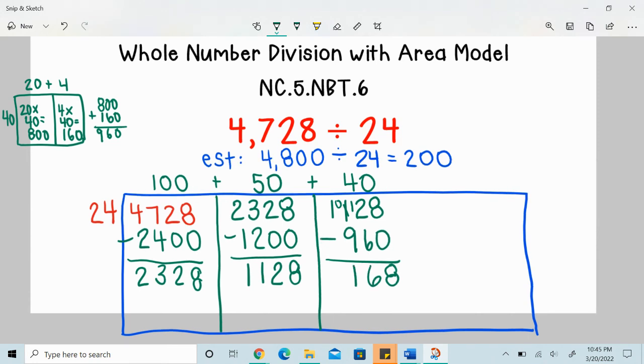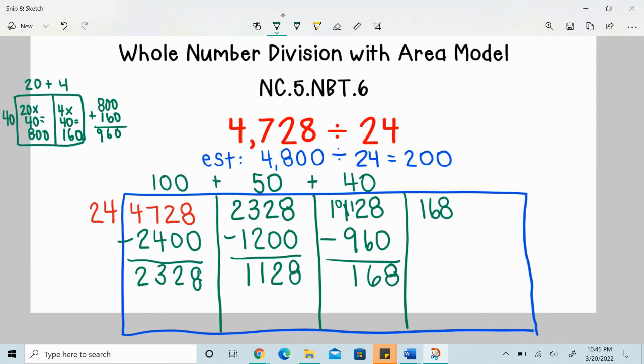And now I see that I'm left with 168 still. And since that is larger than 24, I will keep dividing. So I'll move 168 over. Now I'm thinking, well, I know that 24 times 2 is 48. And if I doubled that, I would get 96.